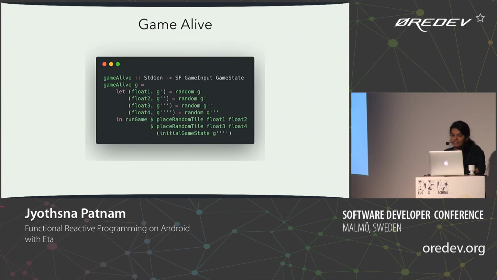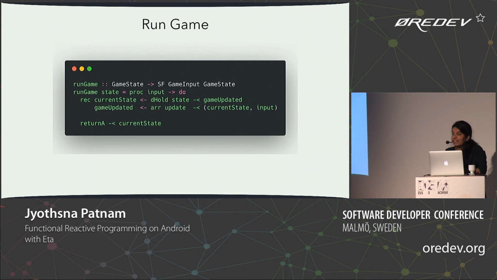Here, the game alive function can help you place 2 random blocks at the start of the game. So when you start a 2048 game, you have 2 random tiles which appear, right? So this is taken care of over here.